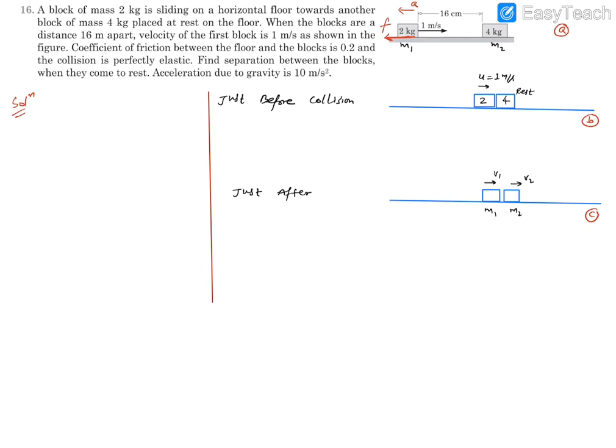If we solve for figure A or 1, we need to find how much this retardation is going to be. We will find this retardation a is going to be equal to mu into g. Now this retardation is going to have a value equal to 0.2 into 10, that is basically 2 in proper SI units, meter per second square.